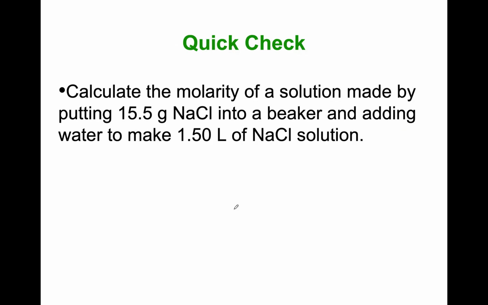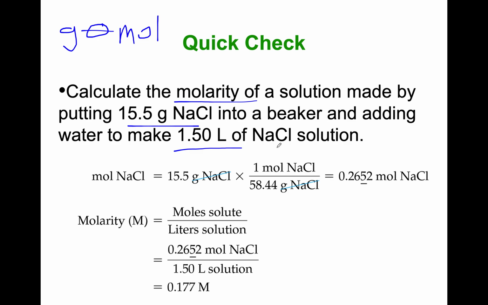Here's another one. Go ahead and take a look at this. Calculate the molarity. You're given the grams and you're given liters. Go for it. As we've seen time and time again, if we have grams, the process to get to moles involves molar mass. That's one quick step away, and that's looking it up on the periodic table.